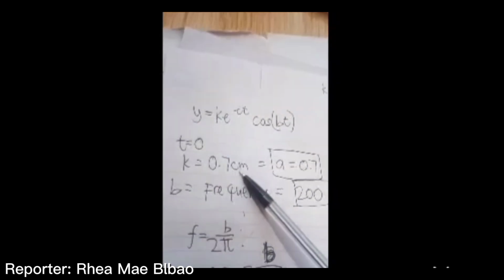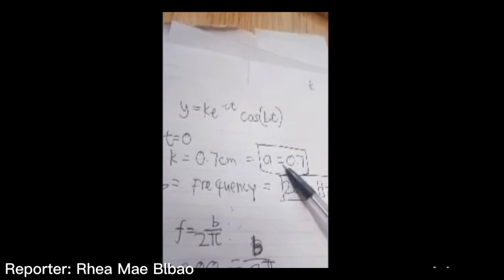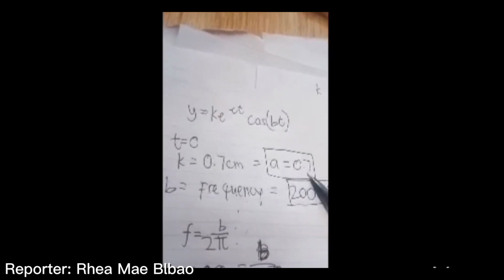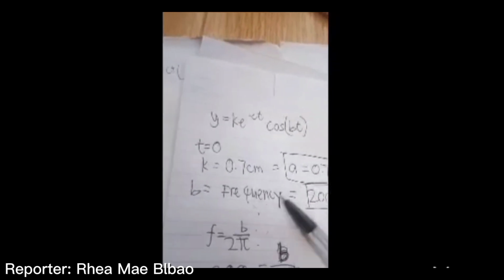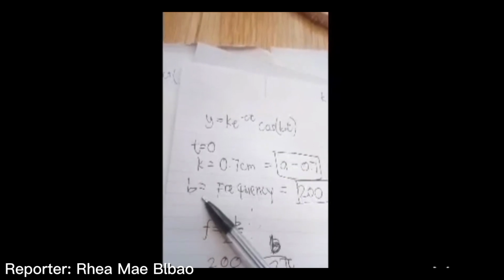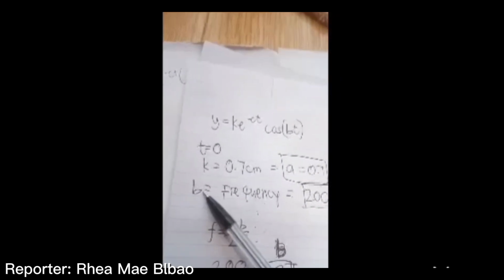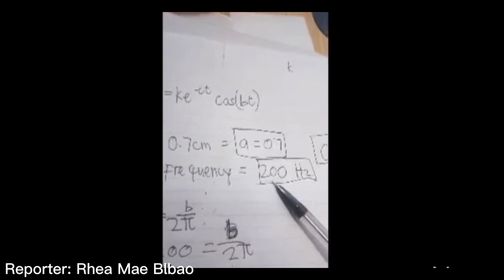So, k equals 0.7. And this B is related to the frequency, which is given as 200 Hz or Hertz.